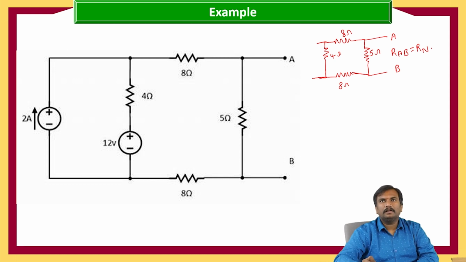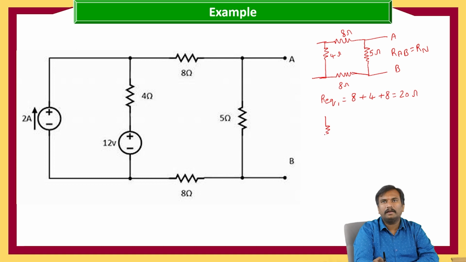In order to calculate the RAB, if you see the resistances from these two terminals, this 8 ohms, 4 ohms and 8 ohms are connected in series. That is, R equivalent 1 is equal to 8 plus 4 plus 8, that is equal to 20 ohms.